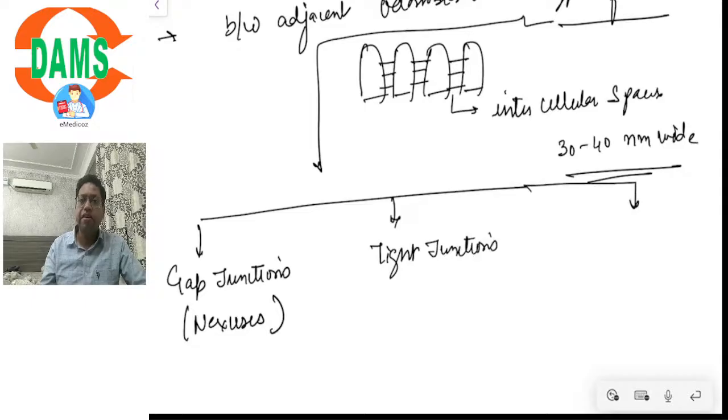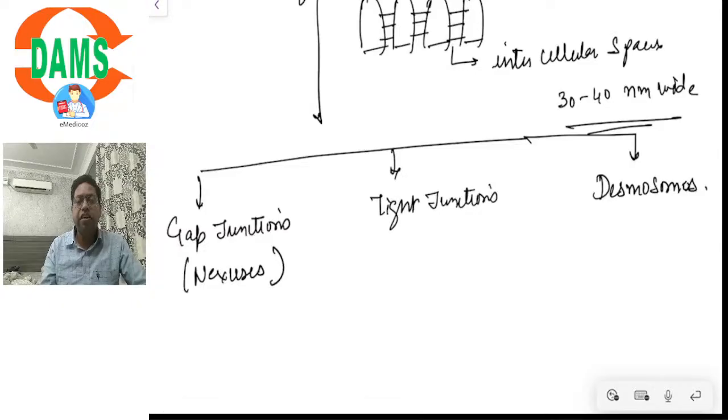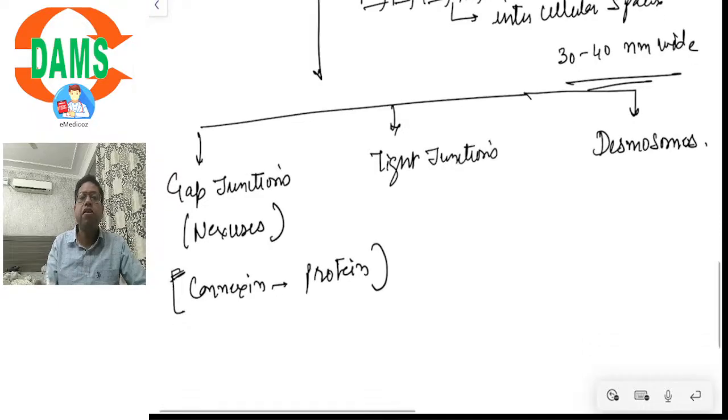And finally, there are desmosomes. These are the three types of connections that exist between the adjacent odontoblasts. These gap junctions, or nexus, are made up of a protein called connexin.